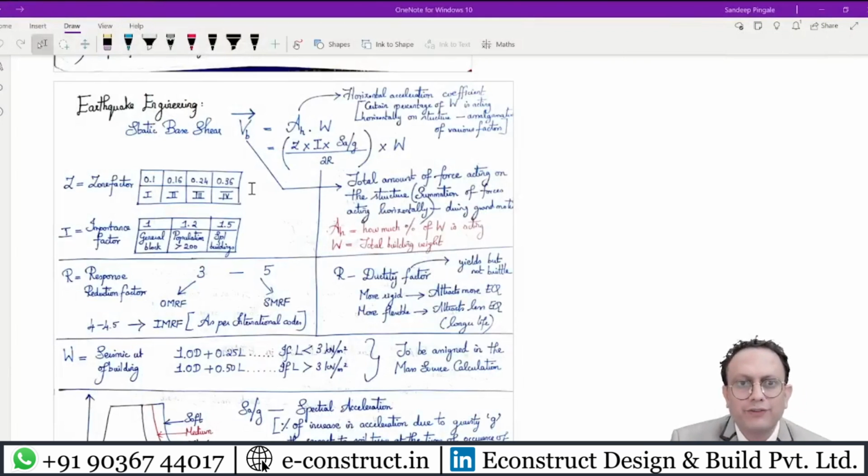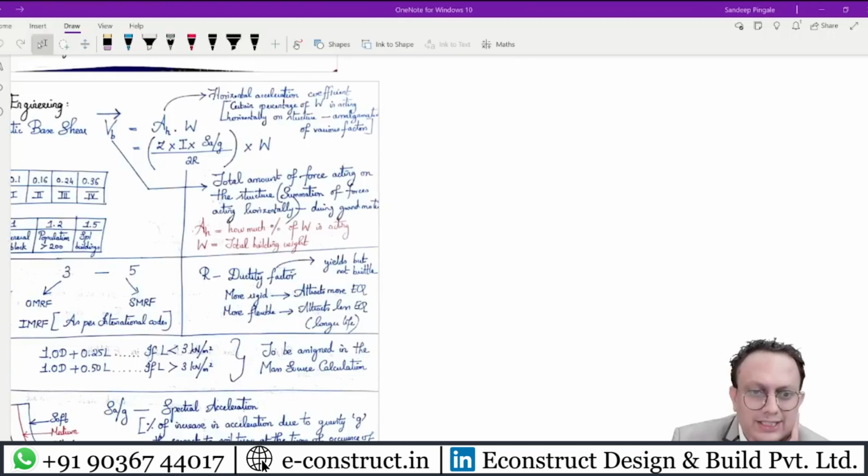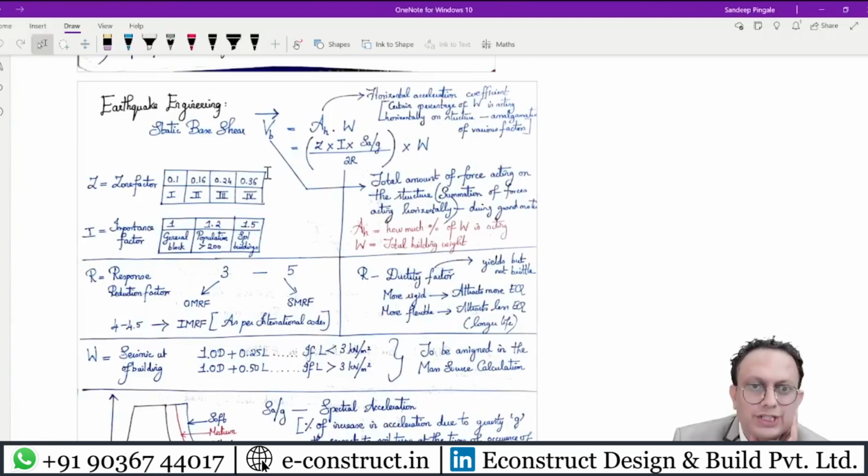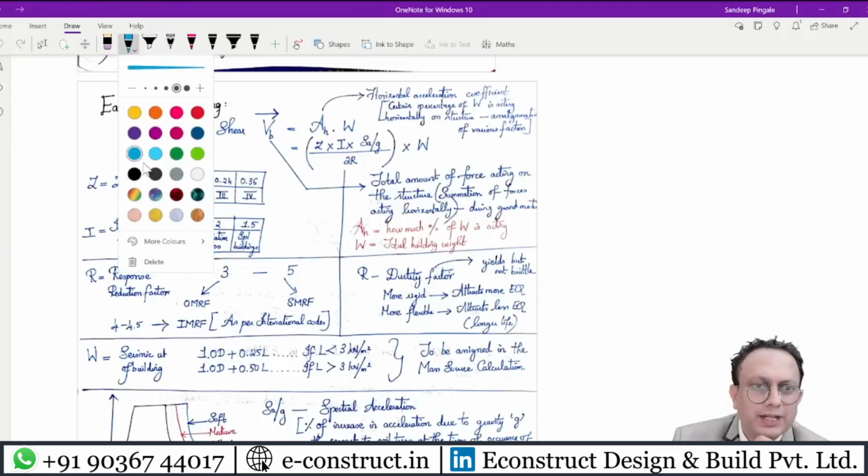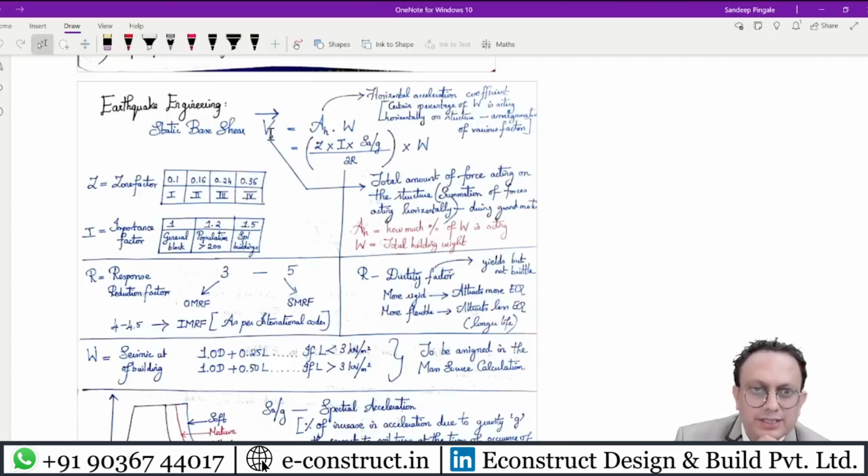Now, earthquake engineering as per the IS code, you will see a particular equation, which is VB bar is equal to AH into W. What is VB bar? VB bar is basically the static base shear. Bar means the vector quantity, always the vector.